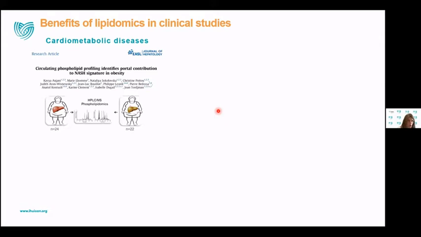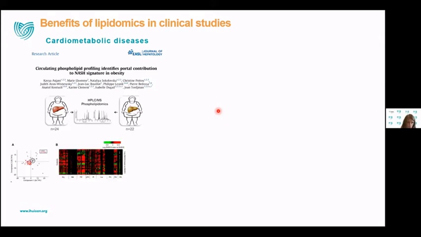So this was done on a cohort of morbidly obese women. And what we identified is that in systemic blood, we could identify a signature with high amount of phospholipids, namely phosphatidylethanolamines and phosphatidylglycerols, as well as high levels of ceramides that confers a specific signature for NASH patients.